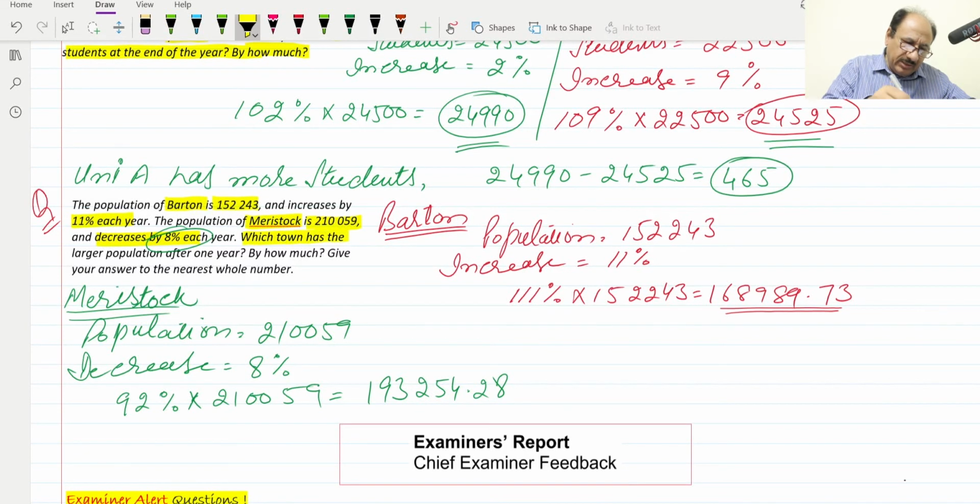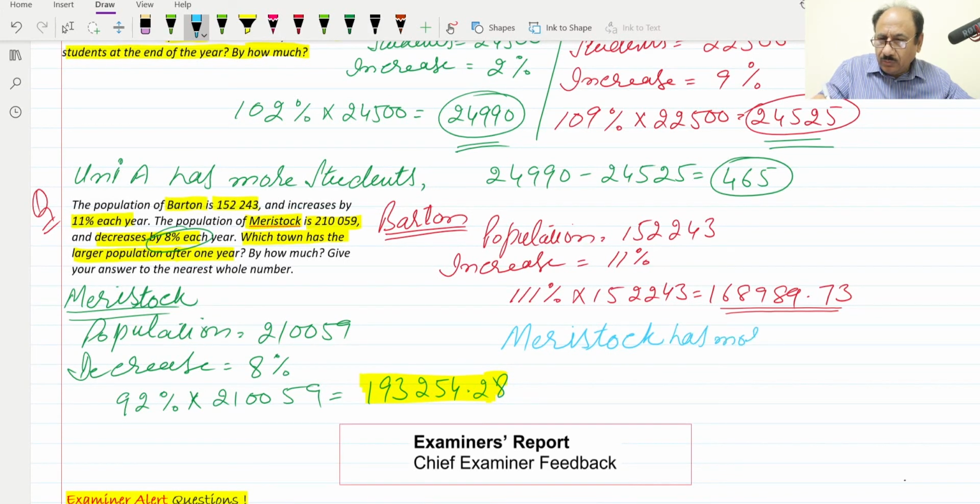Now they are saying which town has the larger population after 1 year, and we know that this population is more than the other one, so we can write here as answer that Maristock has more population, and they are saying by how much.